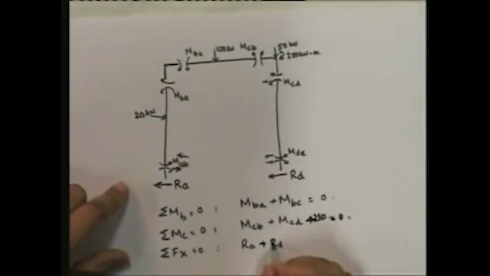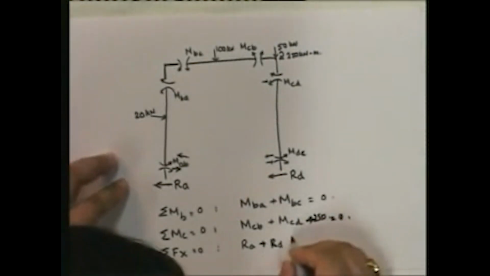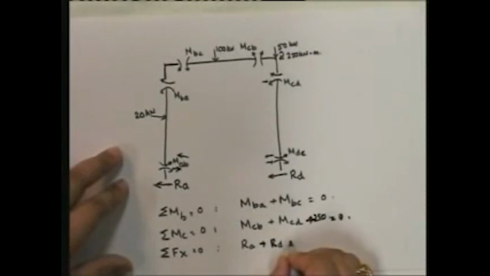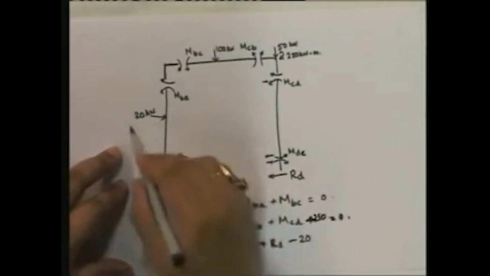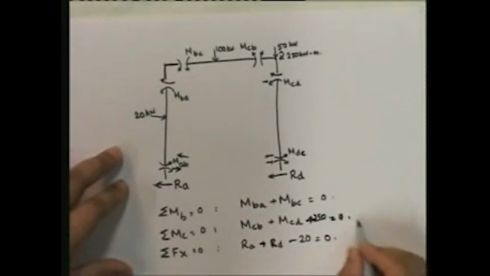The other equation is corresponding to this delta, so it's going to be sigma Fx equal to 0 of the entire structure, and that's going to give me Ra plus Rd minus 20, this is the force, is equal to 0.